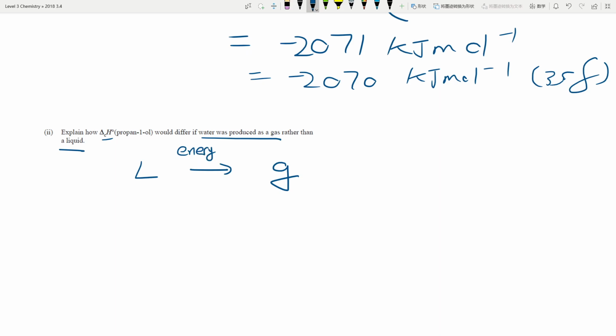Energy has to be absorbed in order for this to happen. Because this is a state change going from liquid to gas, why is the energy absorbed? Because we have to overcome intermolecular forces.